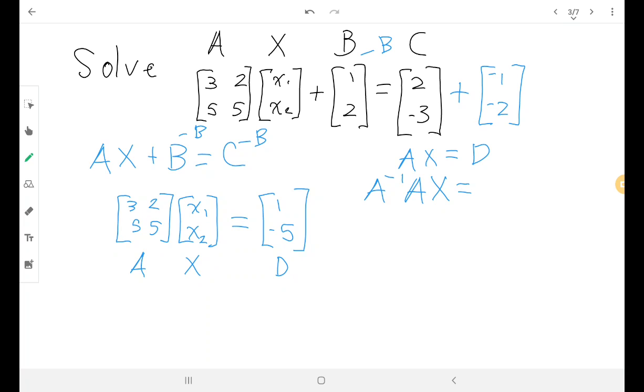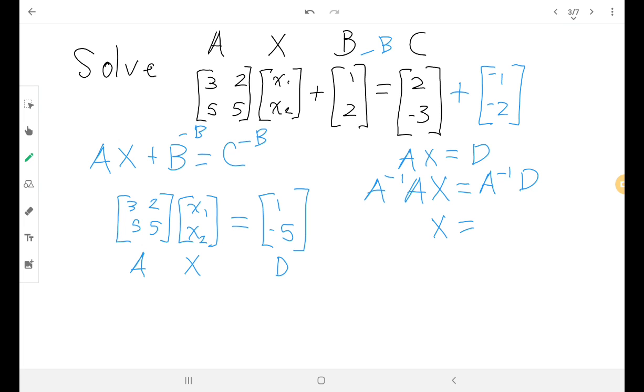Okay? So like this. And then these two, A inverse times A, will give you the identity matrix. And the identity matrix times X is X.